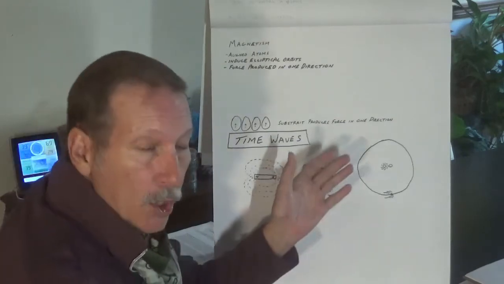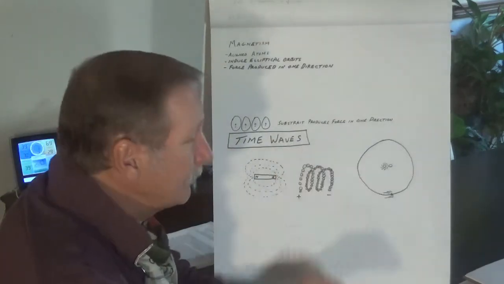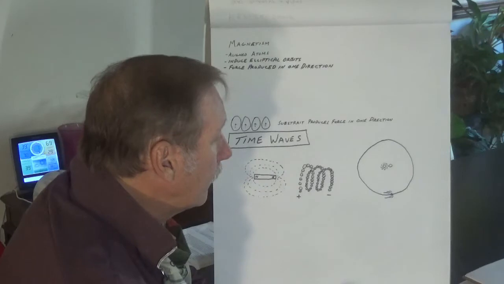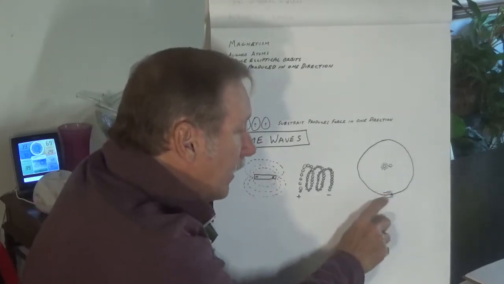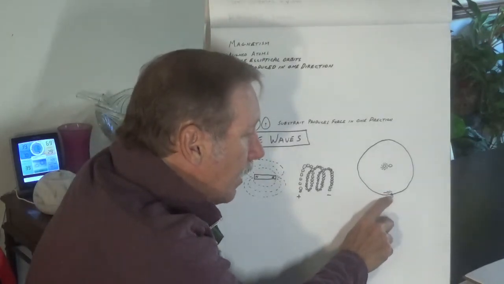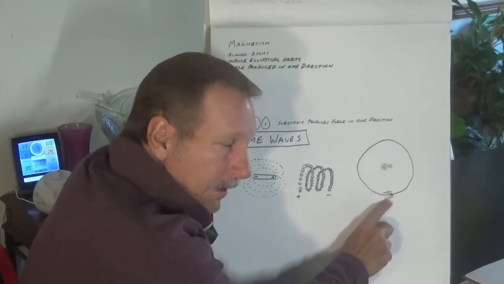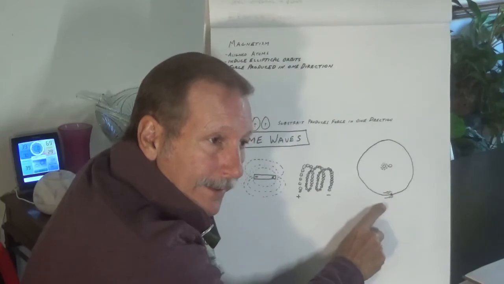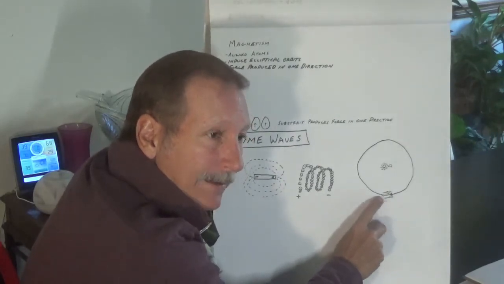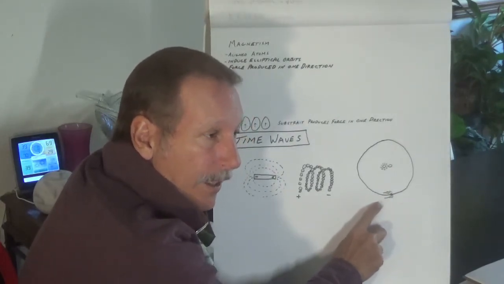Now, if we go to an atom and we consider that we have an electron moving at the speed of time, making time waves. So this thing's making wakes in time, and those wakes tend to push things away.